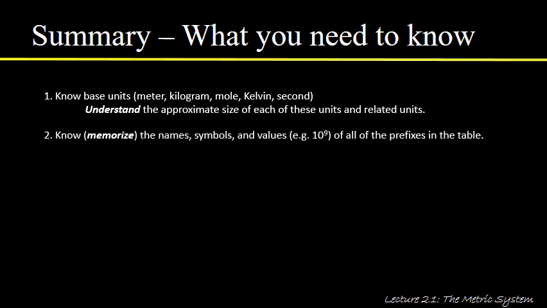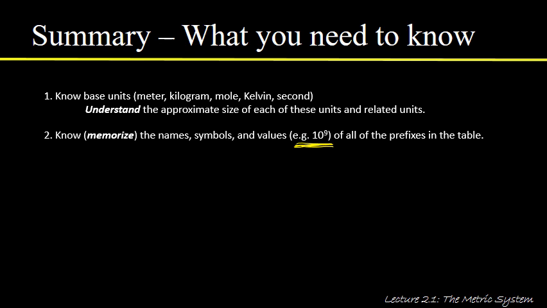Make sure you know the names and the symbols and the values, right? The prefix here, or the numerical 10 to the 3, 10 to the 6, 10 to the 9, 10 to the minus 3, minus 6, minus 9. Know how all of those are related to the different prefixes, and remember both the names and the symbols.